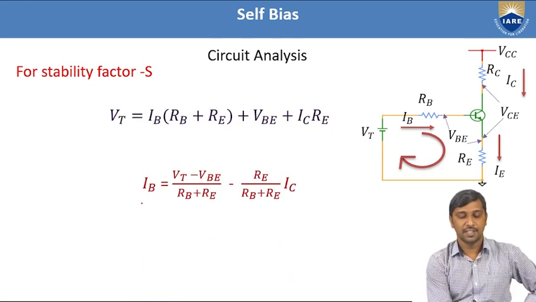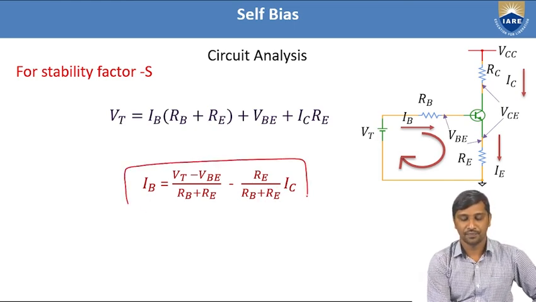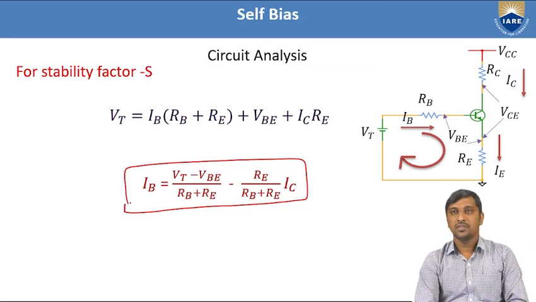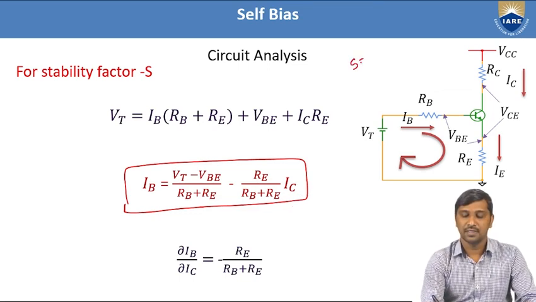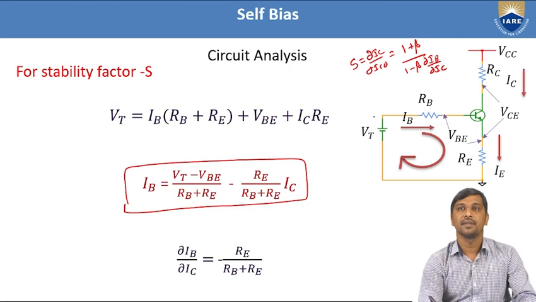So from this, we determine IB is equal to the potential difference between VT and VBE by RB plus RE, minus IC times RE by RB plus RE. Now by using this base current to identify the stability factor, we know that S is equal to dou IC by dou ICO, that is equal to 1 plus beta by 1 minus beta times dou IB by dou IC.